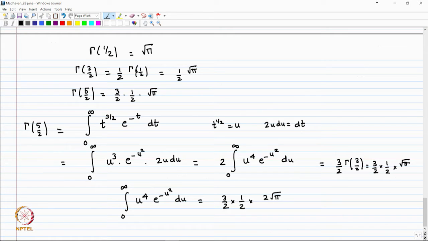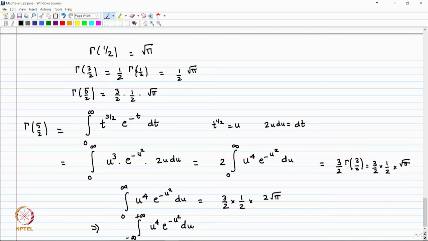Also, what this implies, if you look at this function, u raised to 4 is an even function, e raised to minus u square is an even function. So, this whole thing is an even function. So, what I can do is change the range of integration from minus infinity to plus infinity of u raised to 4 e raised to minus u square du. I could do this only because the integrand was an even function.